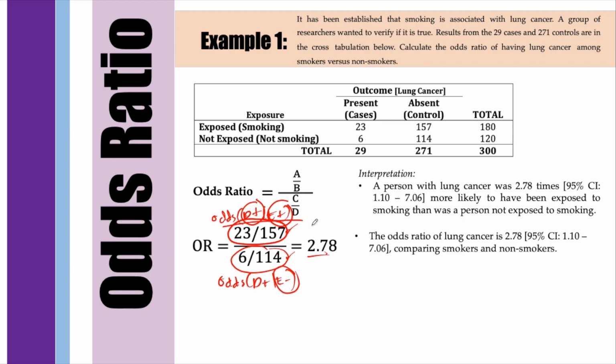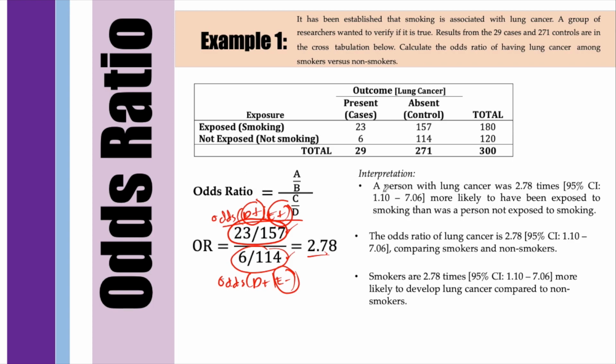You may also interpret that as the odds of lung cancer is 2.78 comparing smokers and non-smokers. Or some will interpret this as smokers are 2.78 times more likely to develop lung cancer compared to non-smokers. These are the possible ways of interpreting this odds ratio.